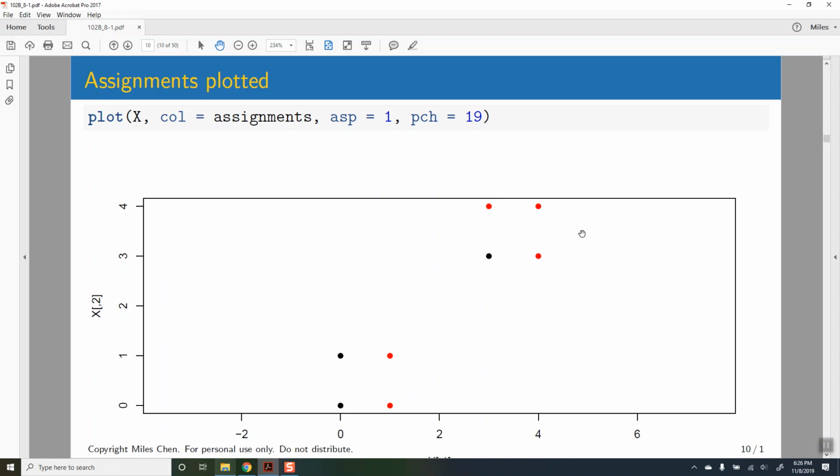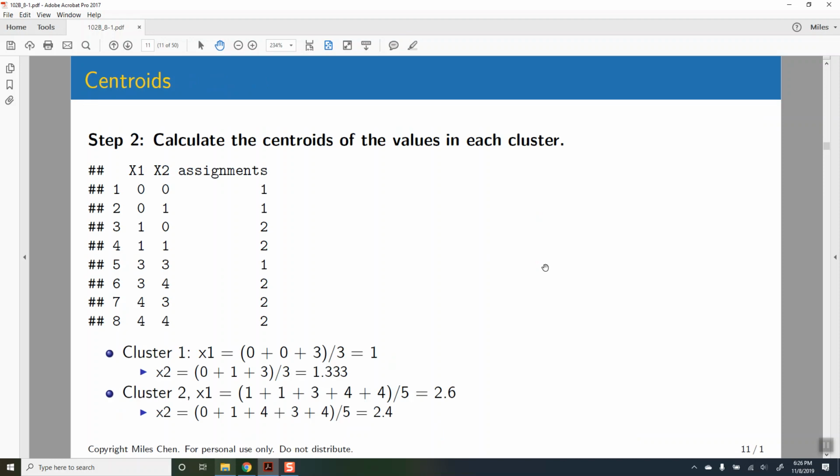Now I'm going to calculate the centroid of each cluster. The black cluster has these 3 points, and we're going to find the center of these 3 points. Then we've got 5 points in red, and we find the center, or the mean, of those 5 points.